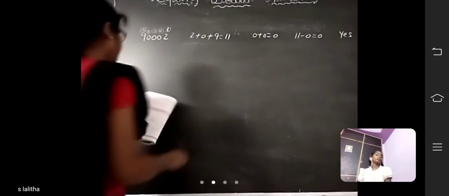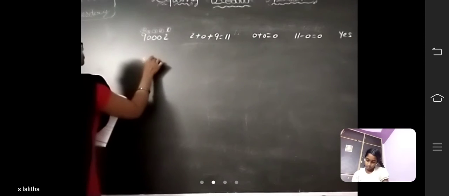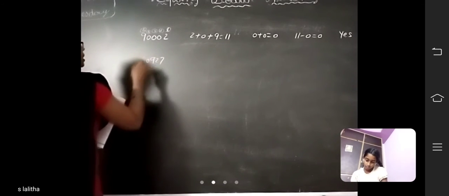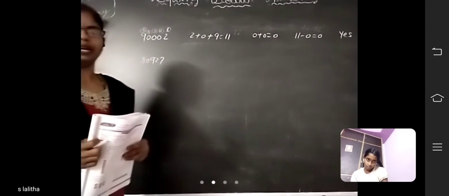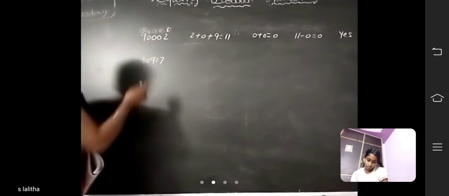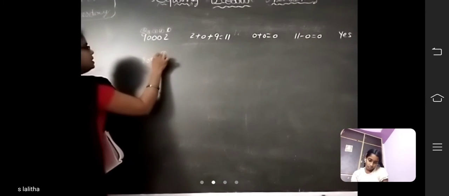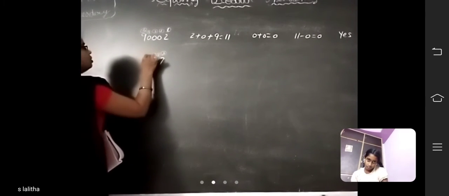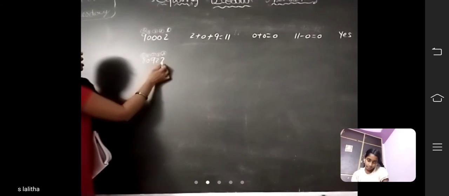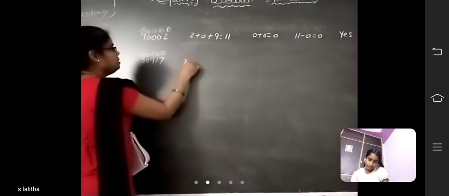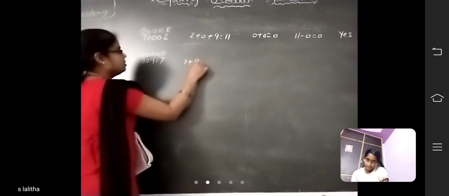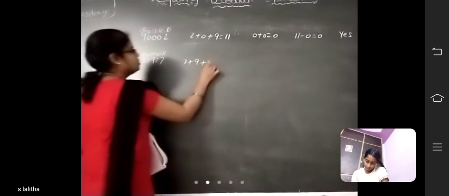Next number, 80,927. Now the sum of the odd places. First place, second place, third place, fourth place, fifth place. Odd places, what are the numbers? 7, plus third place is 9, fifth place is 8.